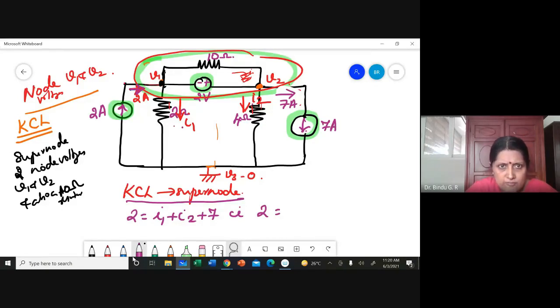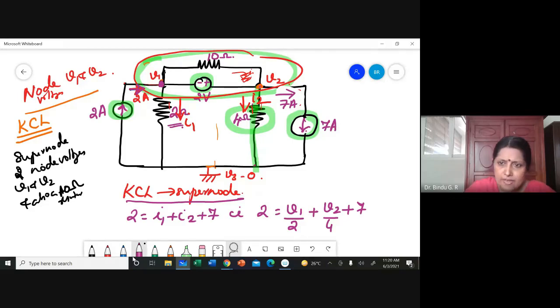I1 is V1 divided by 2. What is I2? I2 is the current flowing from V2 to the reference node through 4 ohm. So it is V2 by 4 plus 7.